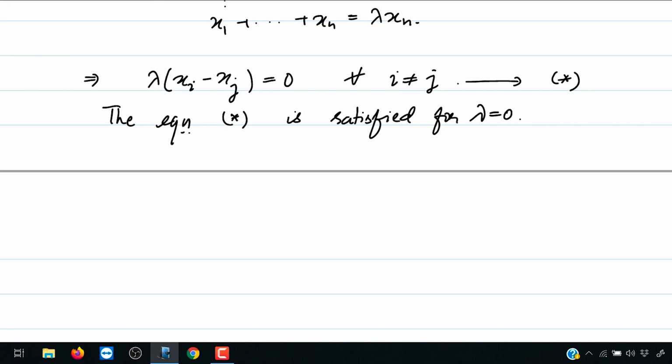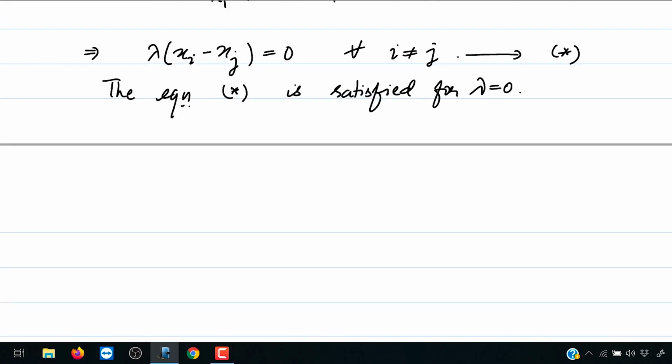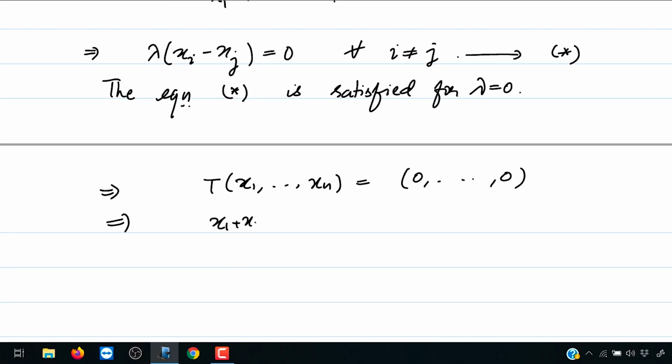But what does that mean? This means that T of (x1 to xn) is equal to 0 times this, right? Which means that x1 plus x2 plus up to xn is equal to 0. This is precisely what it means.